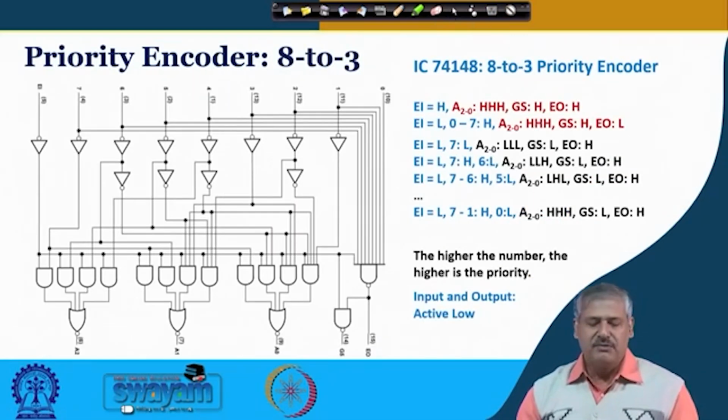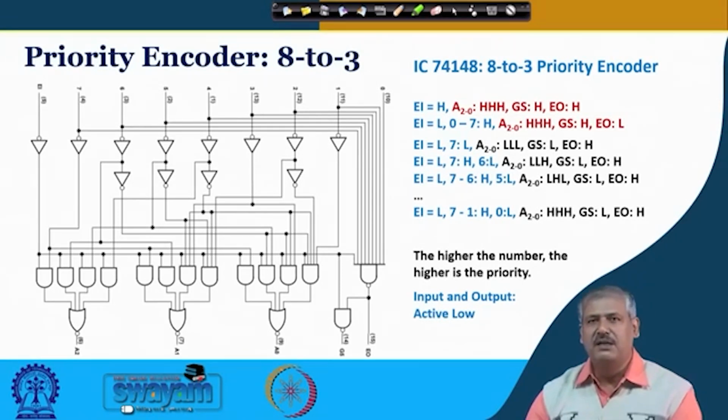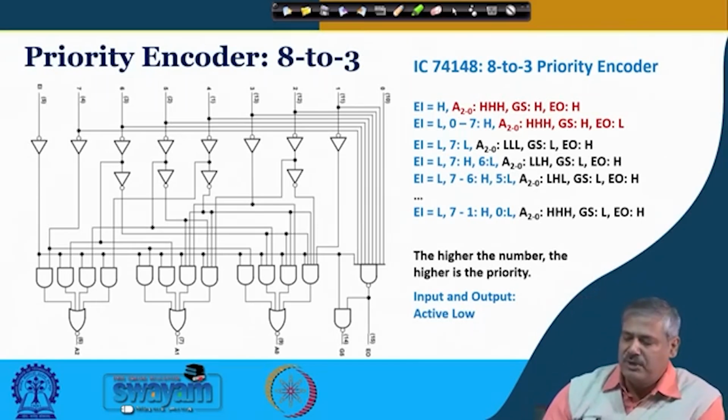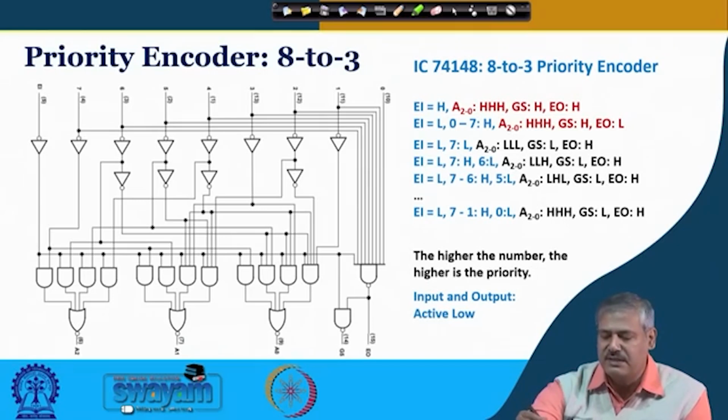The similar thing for the 8 to 3 priority encoder. So, this is 74148, again an IC where you can see the same concept, but we have taken up this one to make you understand how cascading etc. is done in case of encoding operation as well.